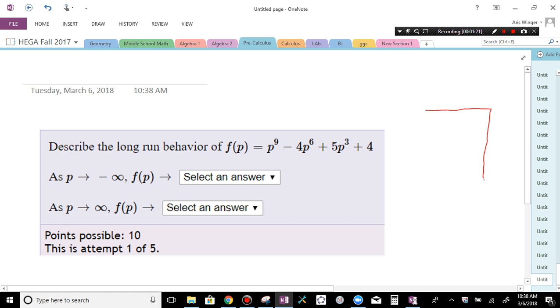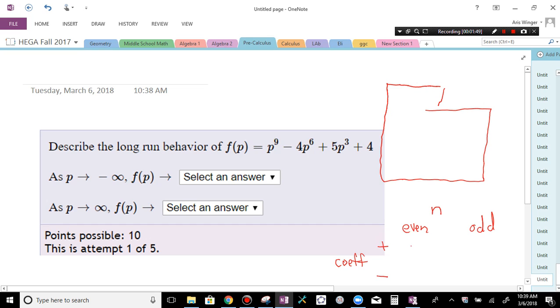The table I'm about to draw won't be as nice as the one we meticulously drew last time, because this thing is drawing something ridiculous. So the power is going to be n, and it's even or odd, and then the coefficient in front is going to be positive or negative.